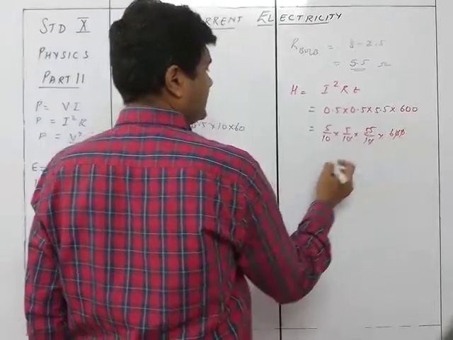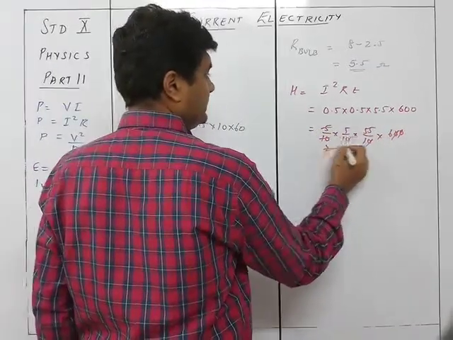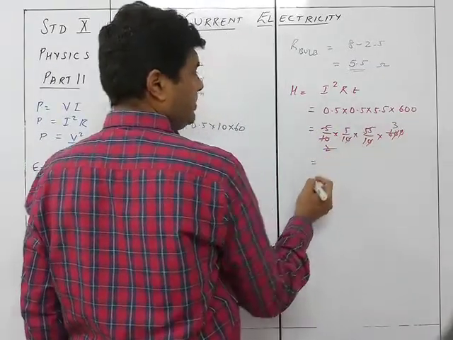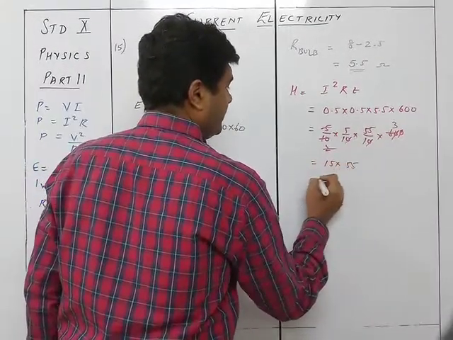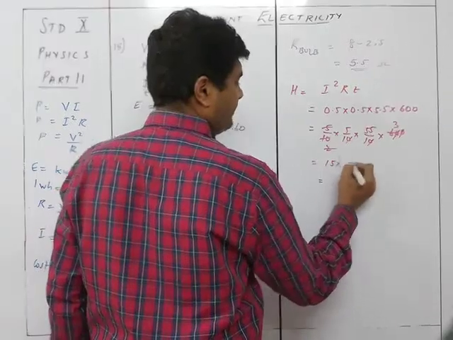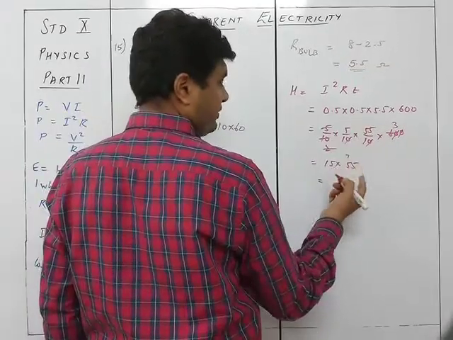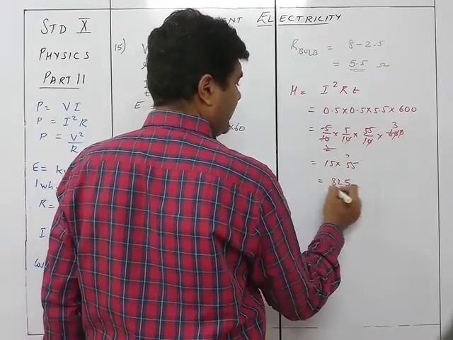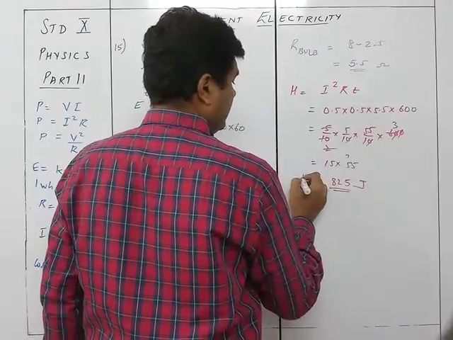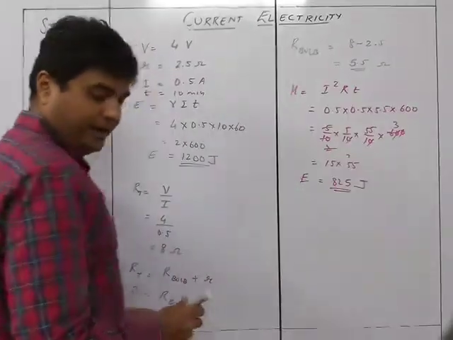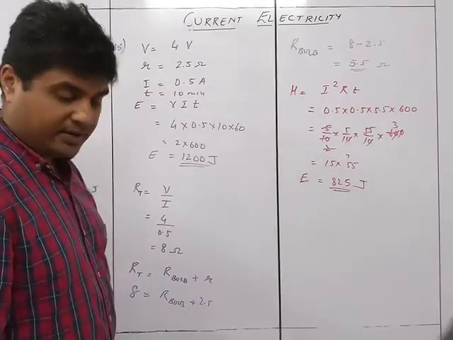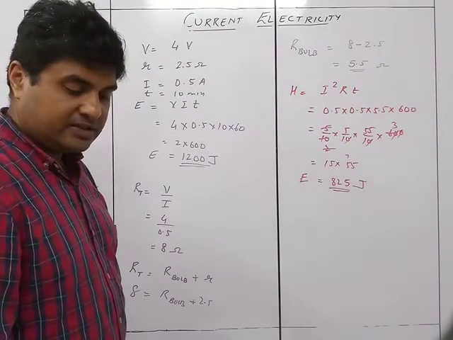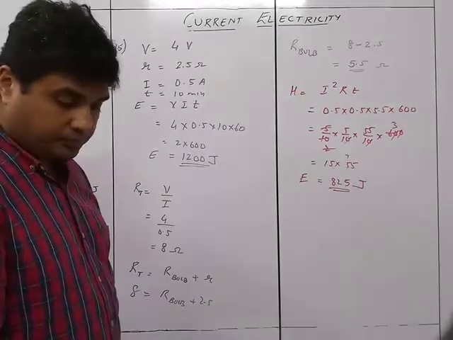Cancelling and multiplying, we get 825 joules. Energy dissipated is nothing but the heat generated, that is called the energy dissipated: 825 joules.